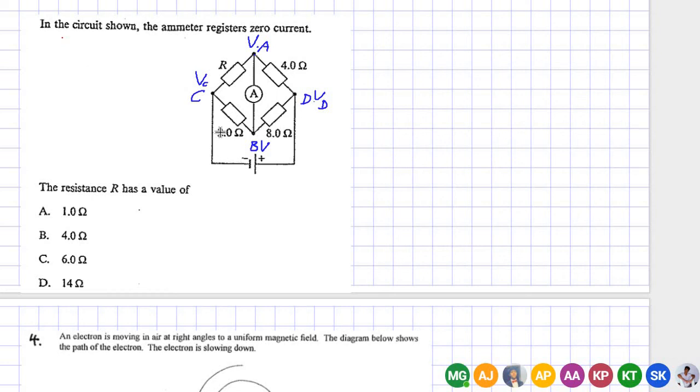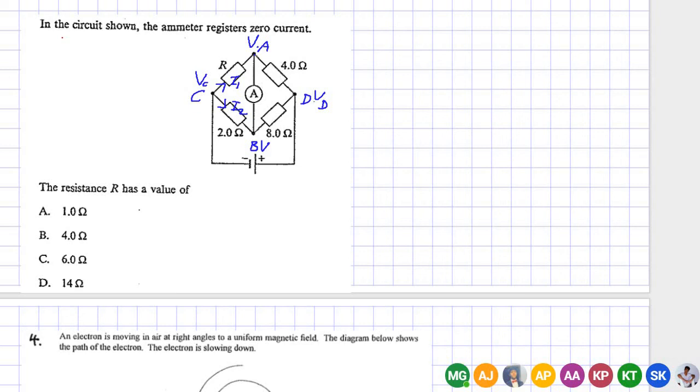Okay, let's say you have a current which splits at junction C into, let us call it I1, and here it splits as I2. After reaching the point A, the current does not go through the ammeter because there is no current in the ammeter.